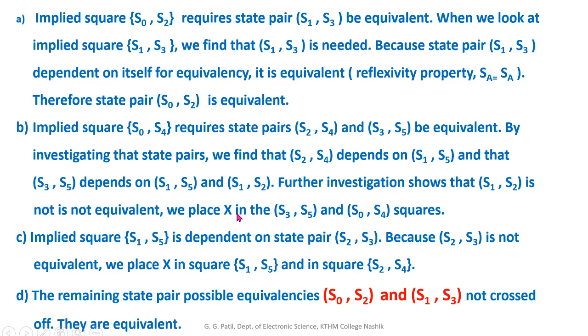We place a cross in S3 S5 and S0 S4 square. Implied square S1 S5 is dependent on state pair S2 S3. Because S2 S3 is not equivalent, we place a cross in the square S1 S5 and square S2 S4. The remaining state pairs of possible equivalence, S0 S2 and S1 S3, are not crossed off. Since they are not crossed off, they are equivalent.